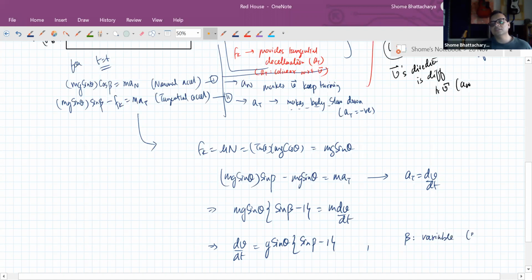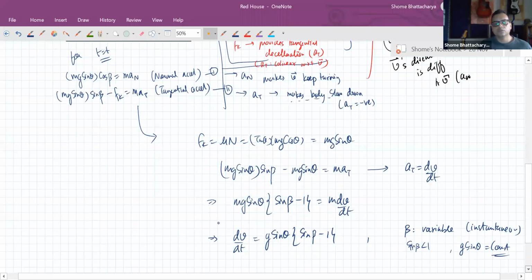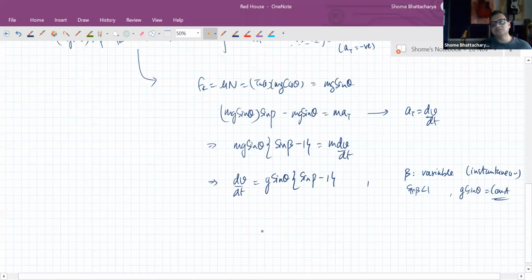It's instantaneous. And also sin beta in general is less than 1. And g sin theta is a constant, so this is not changing with respect to time. So you'll realize that dv by dt can be written as minus g sin theta into 1 minus sin beta, because sin beta is less than 1.